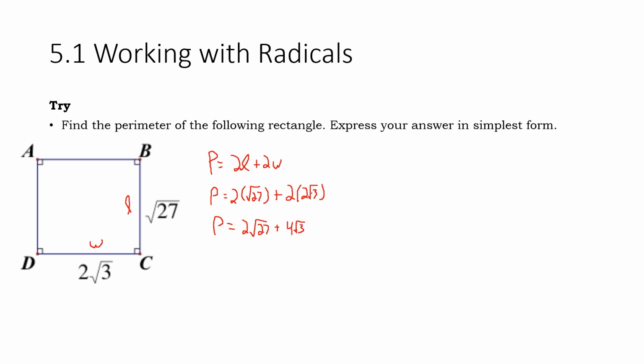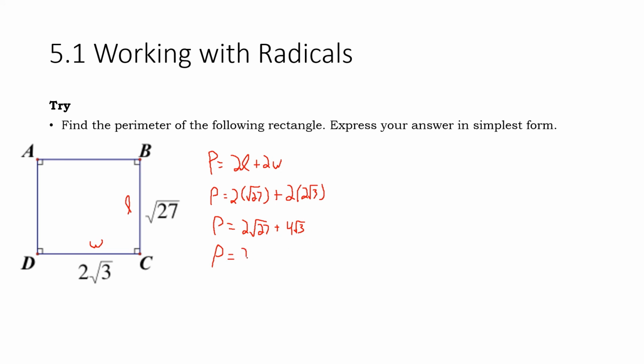Again, imagine this as a variable. 2 times 2x would be 4x. So 2 times 2 root 3 would be 4 root 3. Now, this 27, that's not a prime number, so it has some factors. If we were to pull the 27 apart into its prime factors, 27 can be split into 3 times 3 times 3.